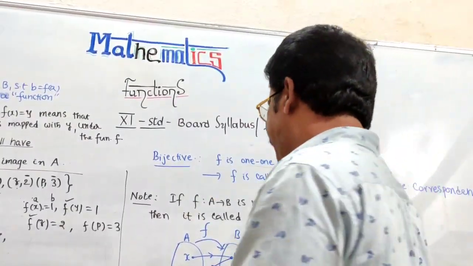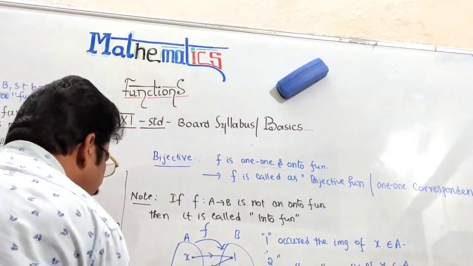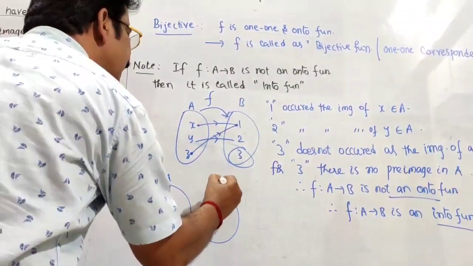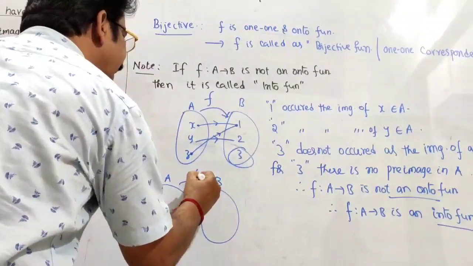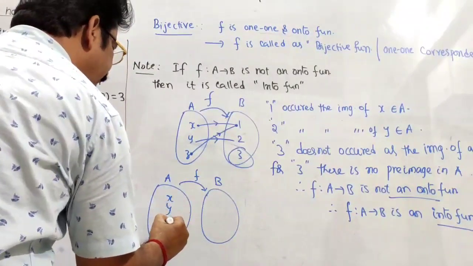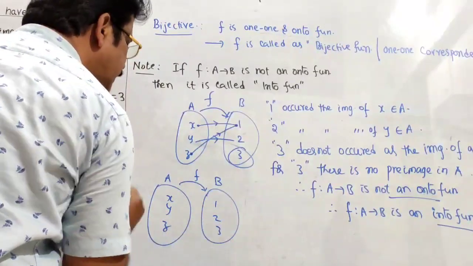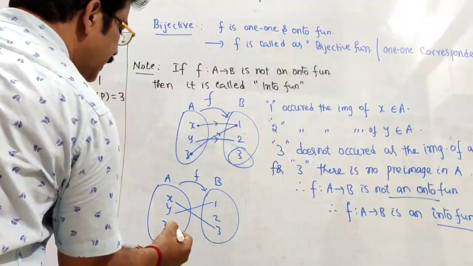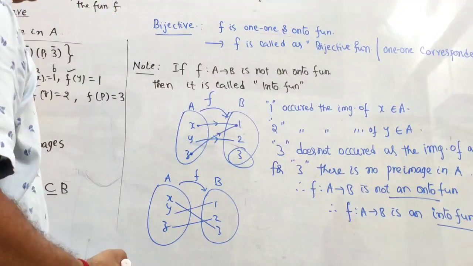For example, listen. Capital A, capital B. This is f, X, Y, Z; 1, 2, 3. X is mapped with 3. Y is mapped with 1. Z is mapped with 2.